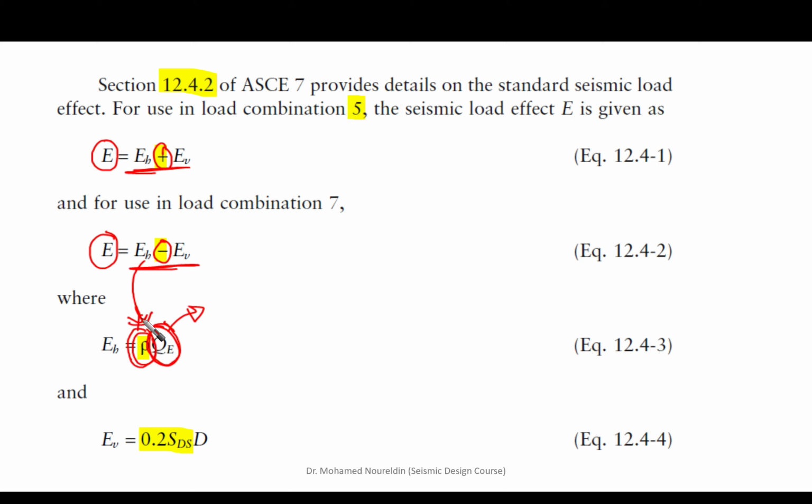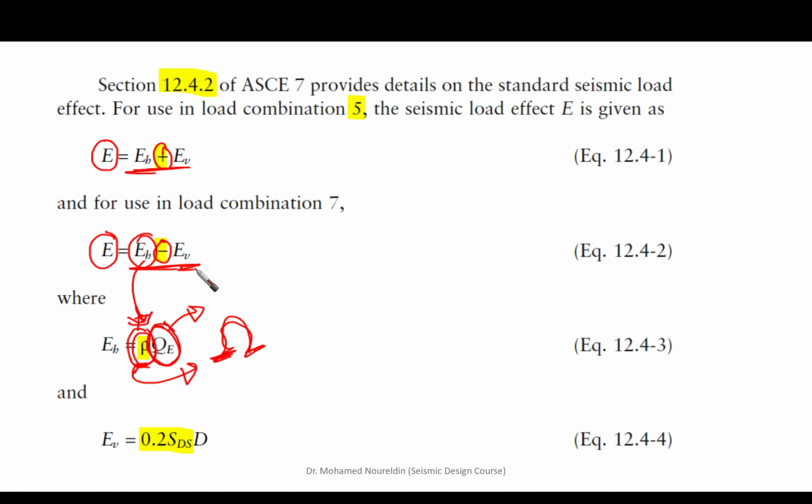I already talked about the redundancy factor in the previous video. Please revisit it and you're going to understand. So remember that EH is related to rho. And here, if we are going to have the overstrength factor, then we replace rho with omega. So we're going to use omega instead of rho if we are going to design our special element.